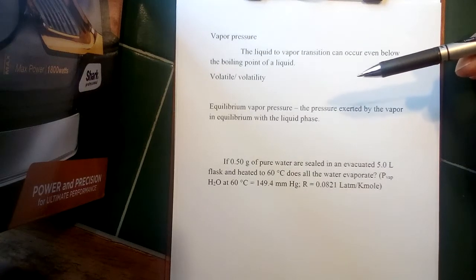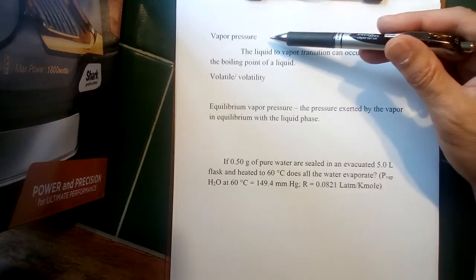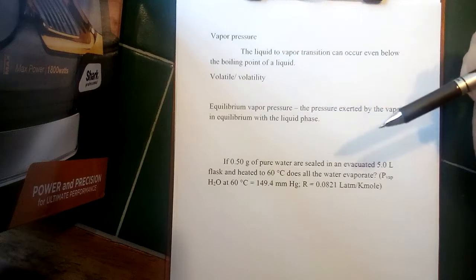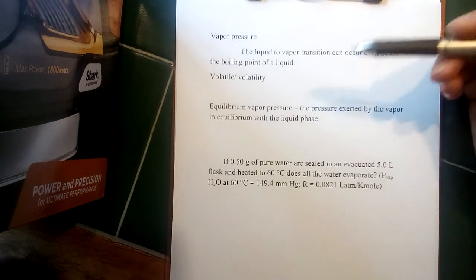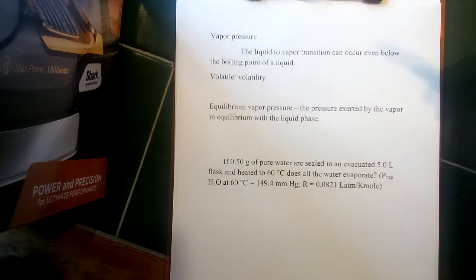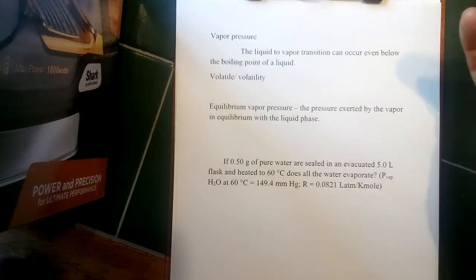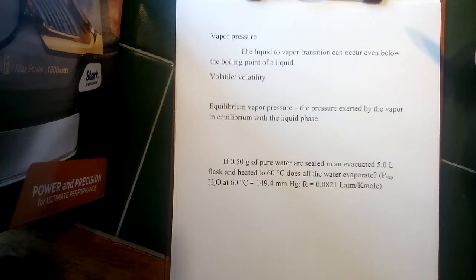And evaporation really is a consequence of this property of liquids called vapor pressure. So a lot of liquids, there's a pressure they produce where the liquid is converting into the gas phase. So as a result, you can counteract that pressure to maybe stop the liquid from evaporating.